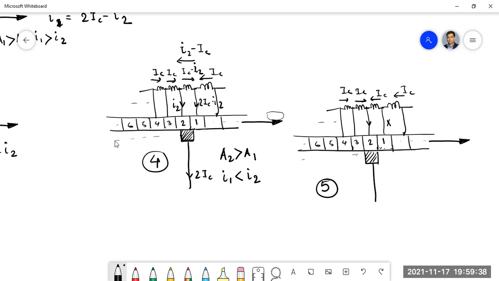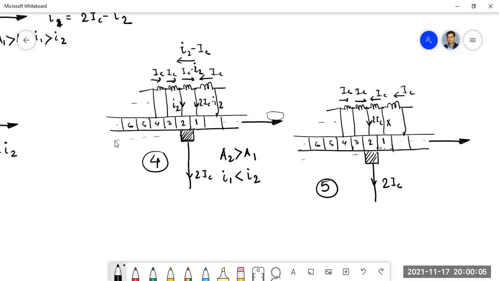Here, how much current will flow? What is the brush current? 2IC. So what is the current in this branch, which is showing an arrow? 2IC.